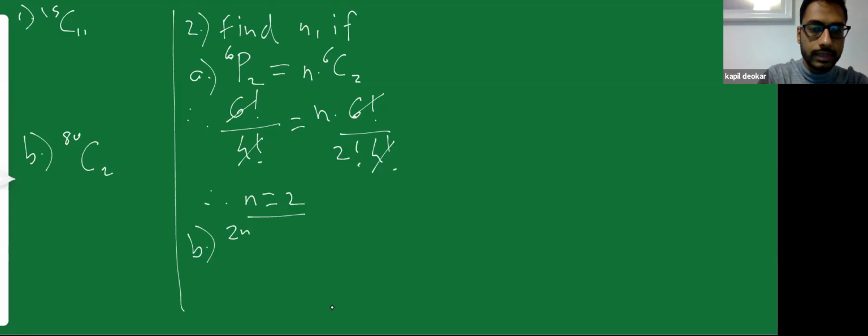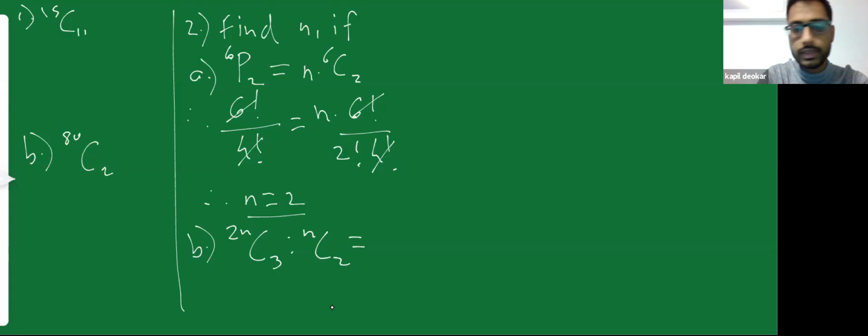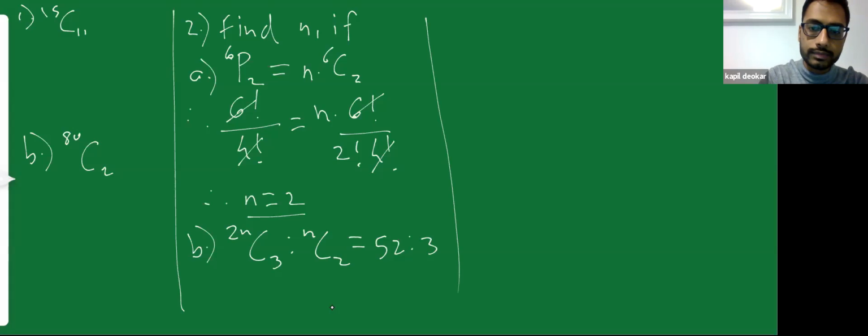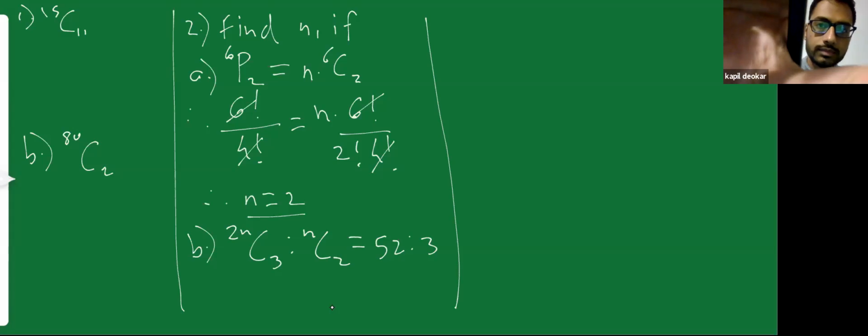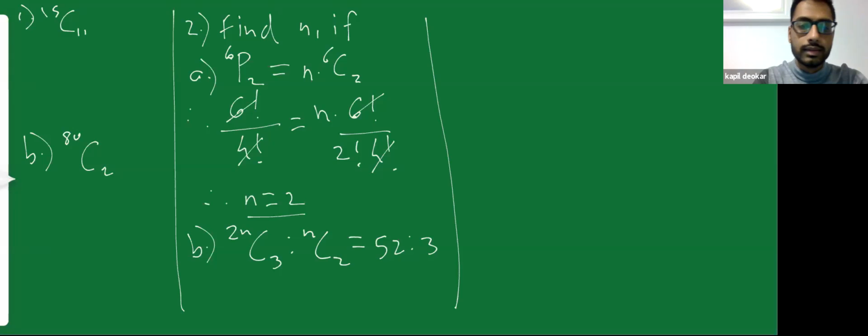So, a pretty easy question. 2nC3 to nC2. This value is given as 52:3. So again, we'll apply a formula. It is in the form of nCr. The nCr formula is n factorial upon r factorial into (n minus r) factorial.